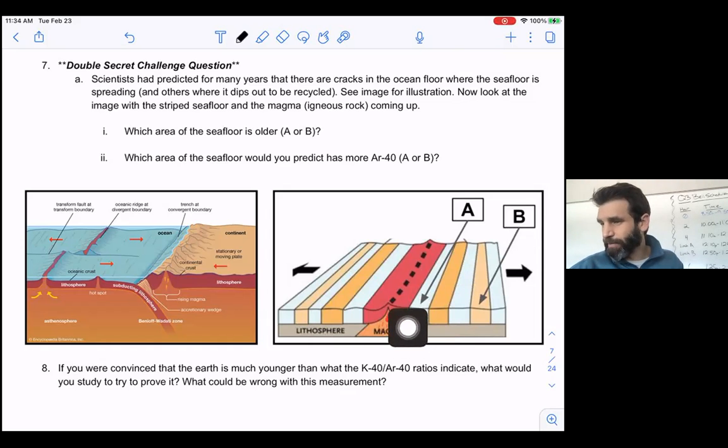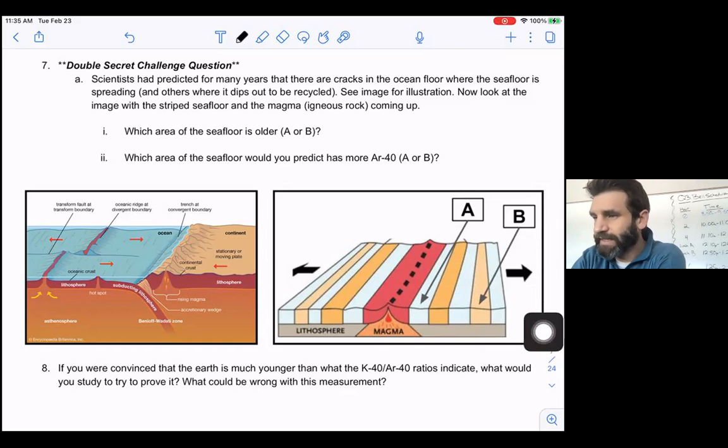It had gotten pushed up originally, then pushed out, and new layers get pushed. And this older rock is out here, and the younger rock is there. So scientists would have predicted that B is older based on this original theory.